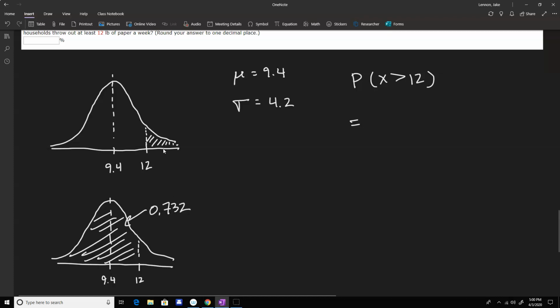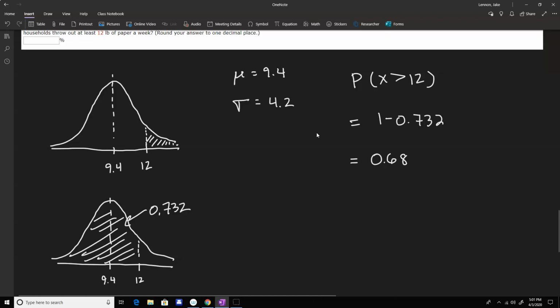So to figure out the area we want to the right, the probability greater than, we know the area below the entire curve is 1, so we can just do 1 minus 0.732. And we know that comes out to 0.268, sorry.